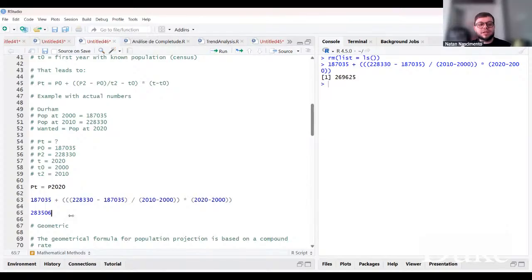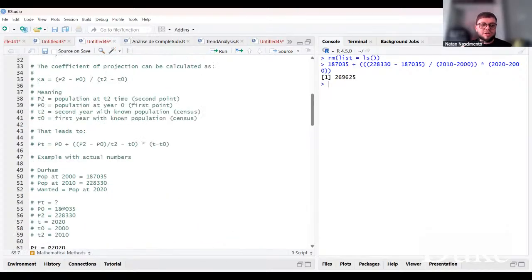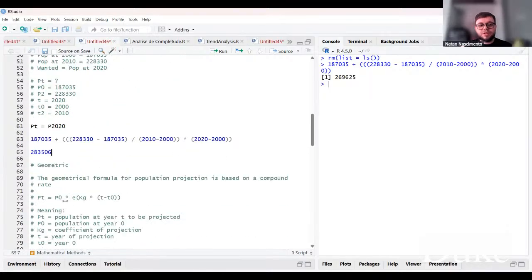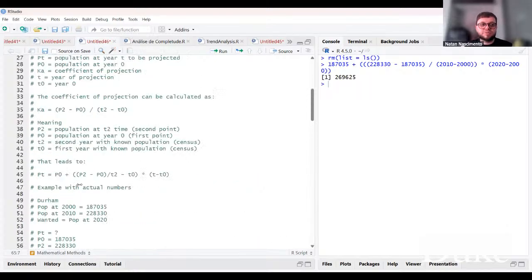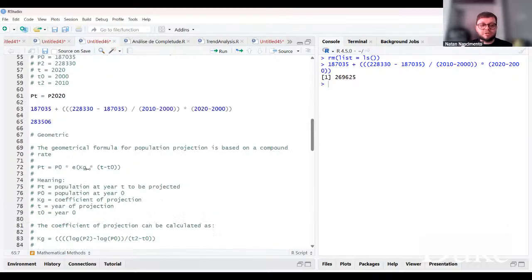So this is a simple method that we can use to calculate the population in a linear trend. Another way is the geometric one. The geometrical formula is similar. It assumes a coefficient of projection, a coefficient of growth, but this is based on a compound rate, so it's not a linear trend.